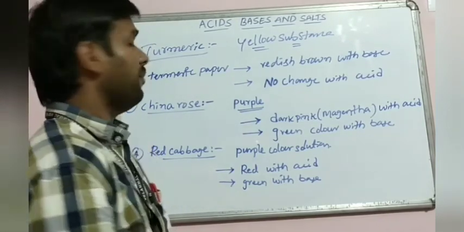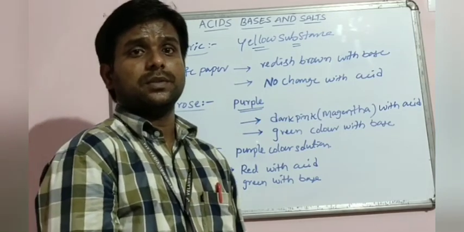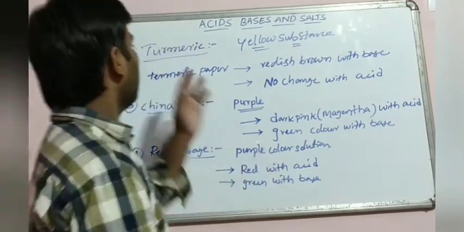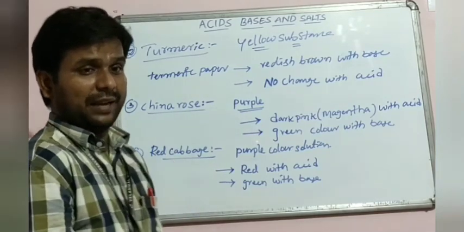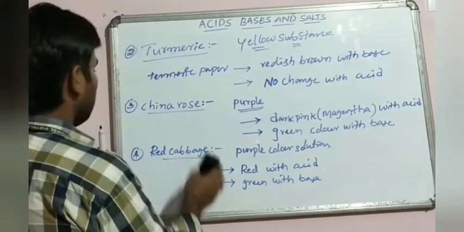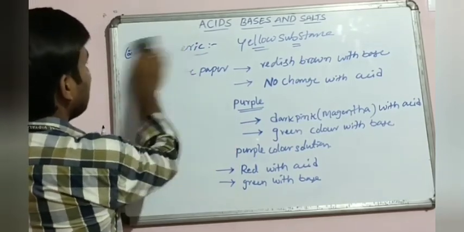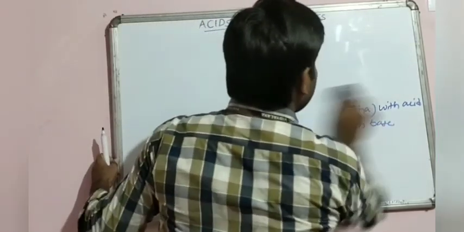Natural indicators: first one litmus solution, second one turmeric, third one China rose, and fourth one red cabbage. Next, synthetic indicators.